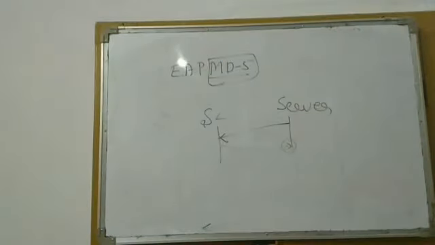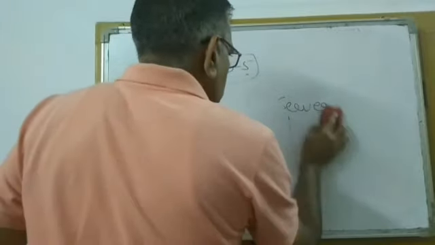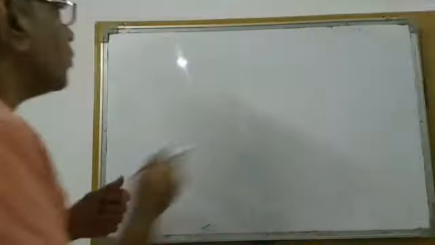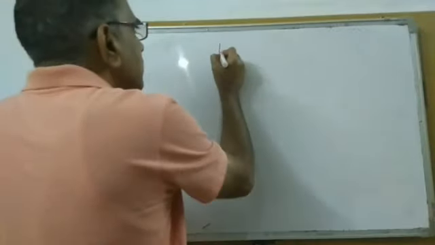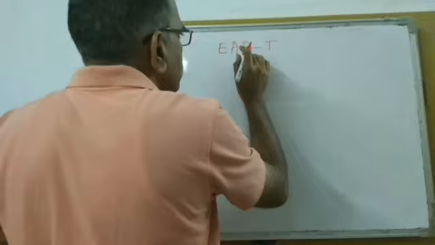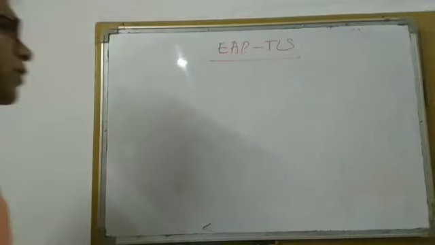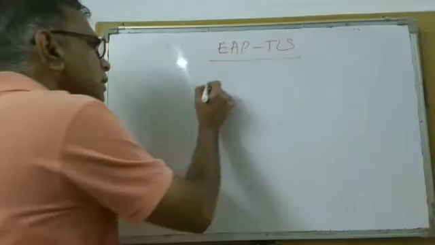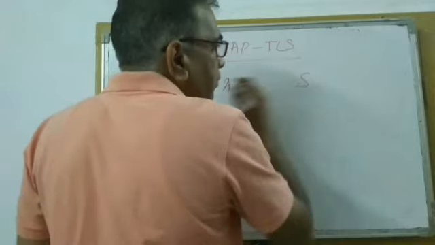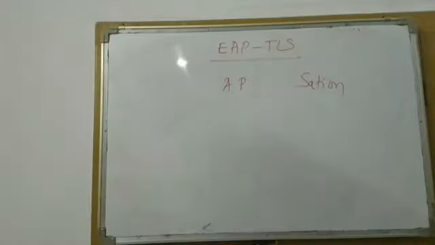The second version of this is TLS, basically the original version of TLS, EAP-TLS, where it mandates that the server, the AP as well as the stations have a certificate, that is a digital certificate, through which they should communicate. This is what it mandates.